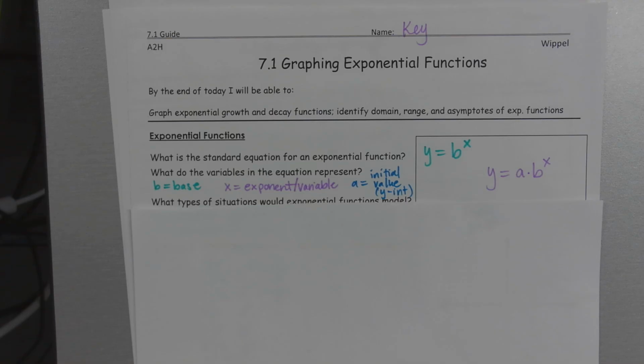And then I'm going to give you a minute, and I want you to talk with the people in your row or at your table. And I want you to try to come up with two situations that might follow an exponential model. Okay, so you can go ahead and talk to your table as you think that out.